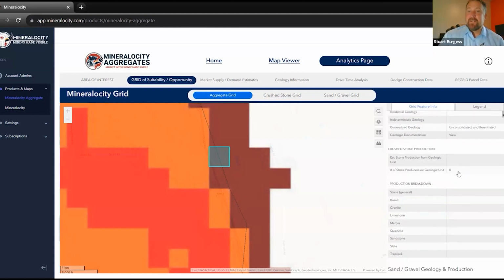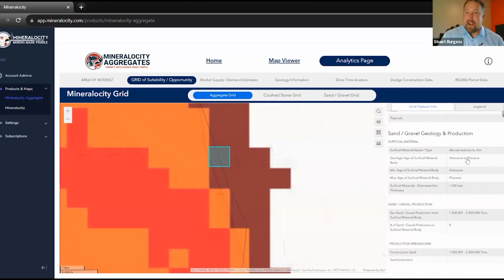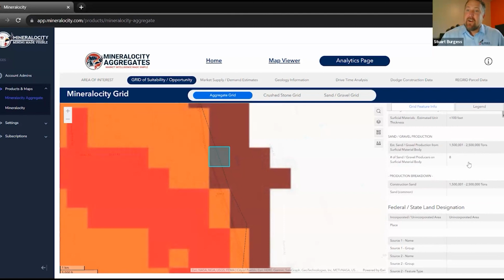Looking at this, there are no stone producers. That makes sense. It's an alluvial plain. In our geology, we've got alluvial sediments from the Holocene era. They're less than 100 feet, which is fine. We don't need much more than that. There are currently 8 different sand and gravel producers on this geological unit, and combined, they're producing somewhere between 1.5 and 2.5 million tons.